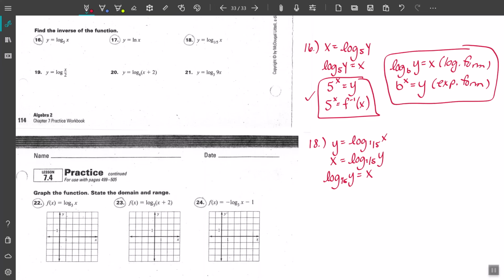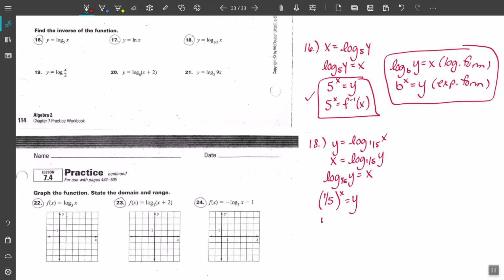All right, so I can look up at my form. I'm in logarithmic form. I can identify my b in this problem as 1/5. So I'm going to write that. And then I can see from my exponential form that I want to raise that b to the x power. And then that is going to equal y. So there it is in exponential form.